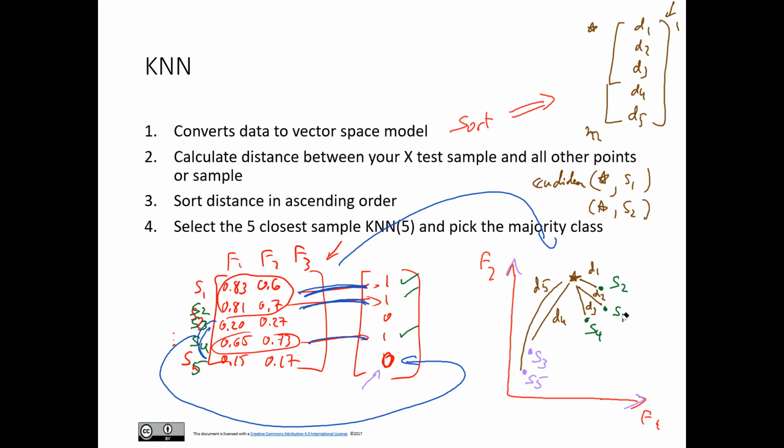And then because I said k equals 3, I still look at a third one, the next shortest distance. I look it up, and the associated label to this one is also green. And there I have 3, all 3 are green, and great.